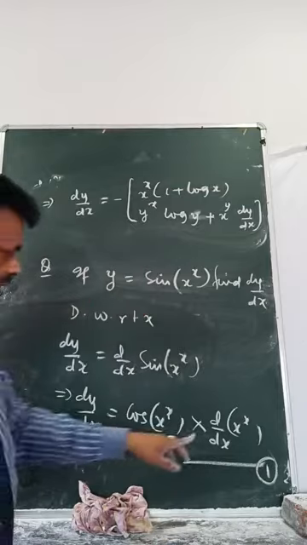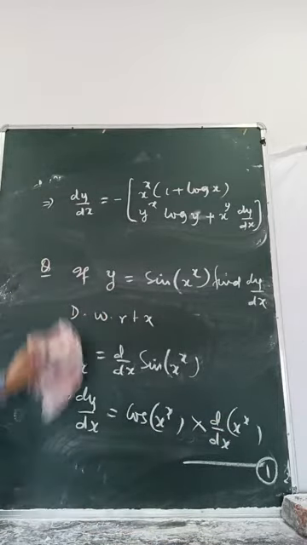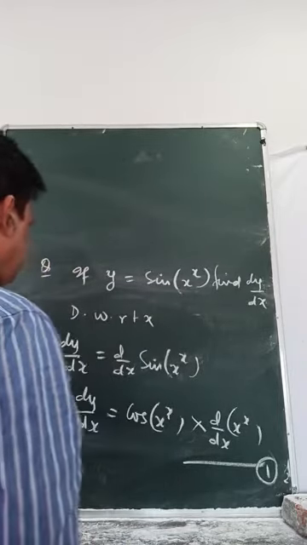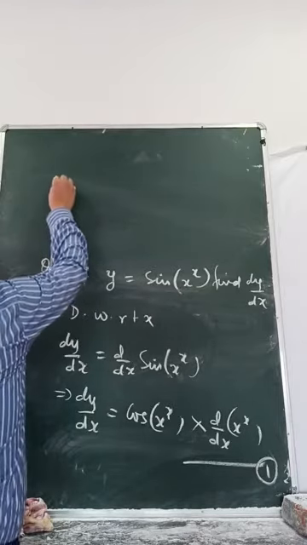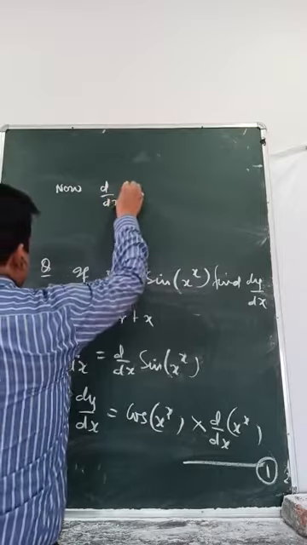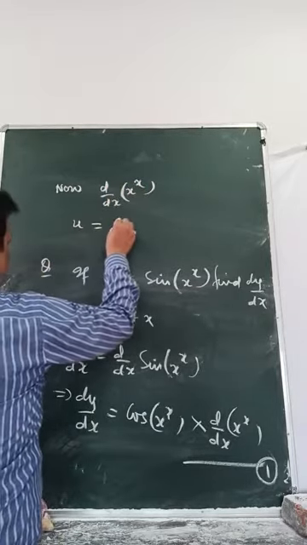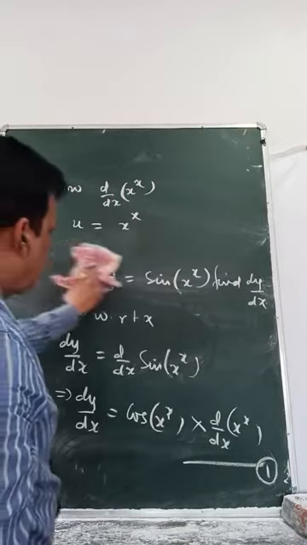That means only this part is left out: how to find d/dx of x to the power x. Now to find d/dx of x to the power x, what we have to do? Put u equals x to the power x, then take log.